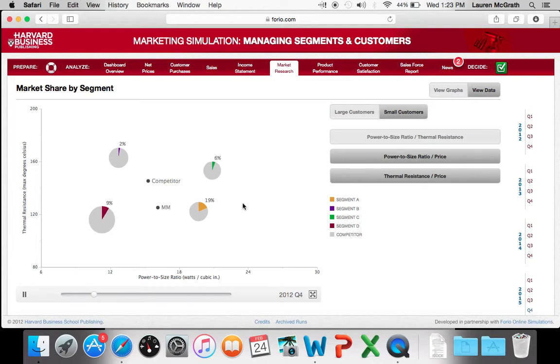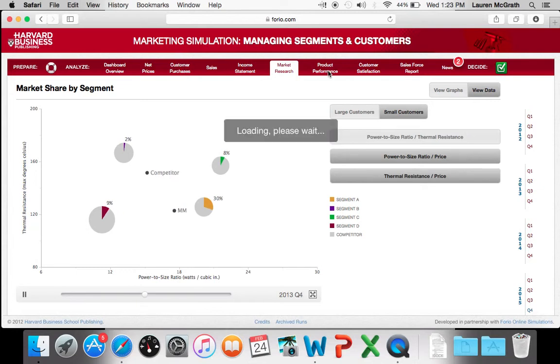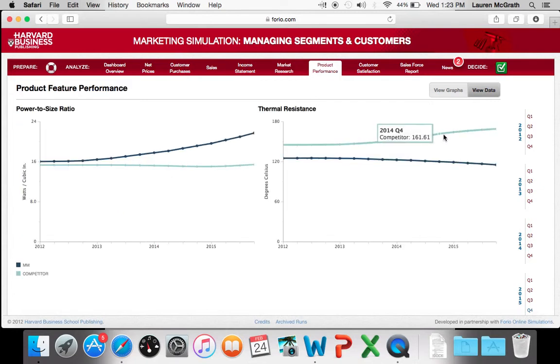With that segment, we knew that they wanted both thermal resistance and power to size. So we focused more on the thermal resistance. As you can see here, we knew the competitor was good at power to size, but we wanted to stay consistent with power to size while also doing great in thermal resistance.